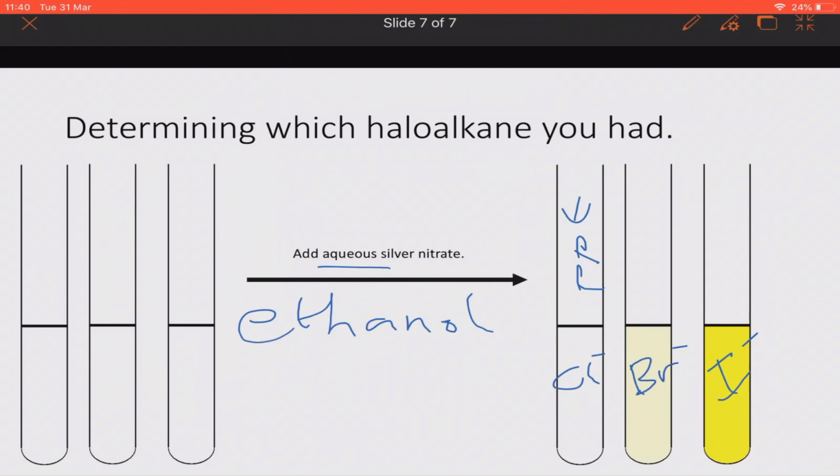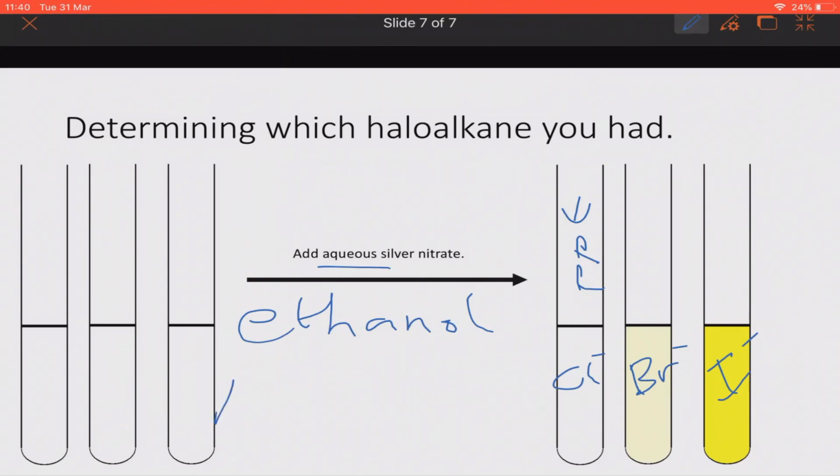Sometimes, if you were to do this practically, it's difficult to tell whether your precipitates are white, cream or yellow, unless you've got all three with you. So generally, though, they will tell you what the result is, because practically it can be a little bit challenging to work out what it was.